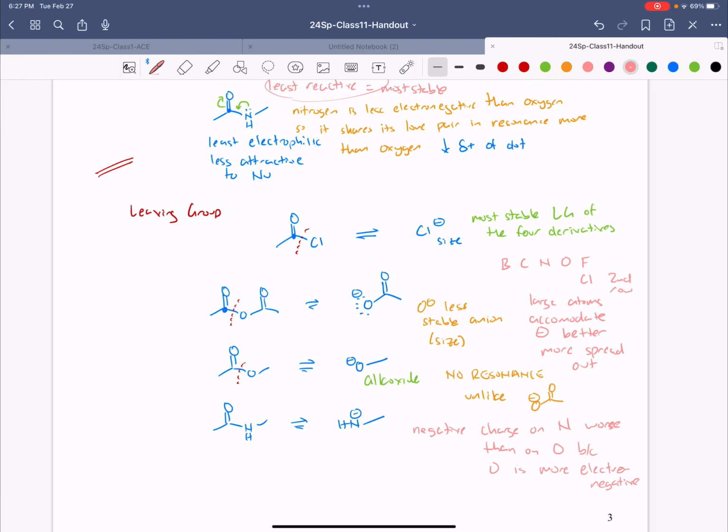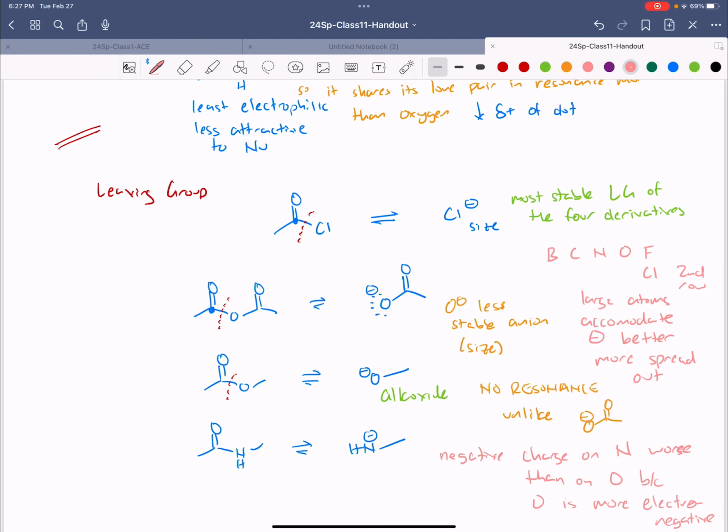But again, what we're doing in this last bit is we're comparing the leaving group. The more stable the leaving group, the more reactive the derivative. That would be the last thing I'll say. The more stable the leaving group, the more reactive the derivative, because you want to get to the other side.